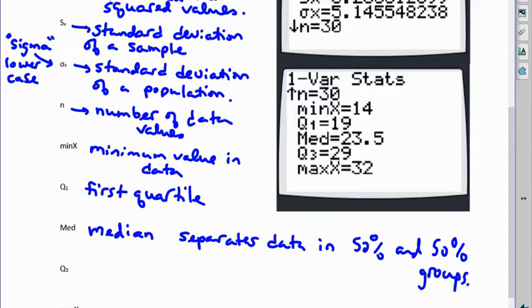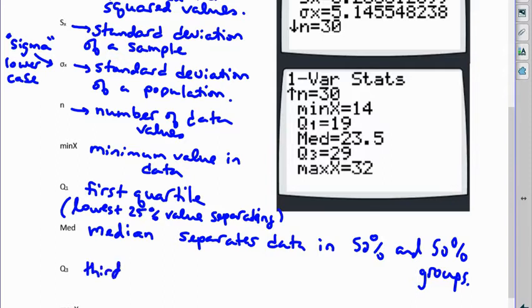So I'll put first quartile, that's the lowest 25% value separating. Okay. Third quartile, that value separates the top 25% of data.